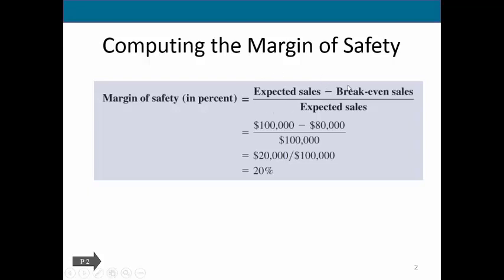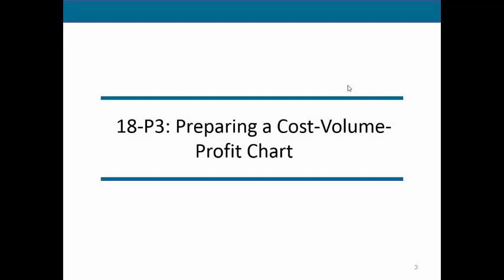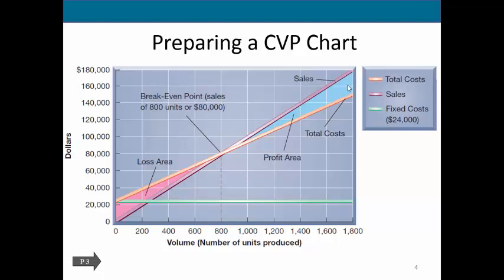So again, margin of safety is talking about the distance between our expected sales and what it takes to break even. So let's look at what we call a cost volume profit chart. All we're doing here is plotting our revenue and our cost lines, including our total cost line, to see how different points or different volumes affect our overall profit.